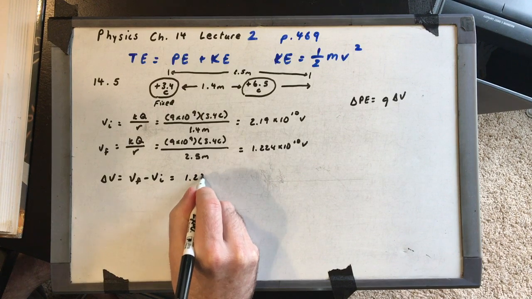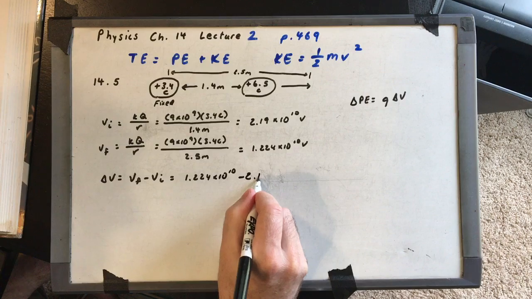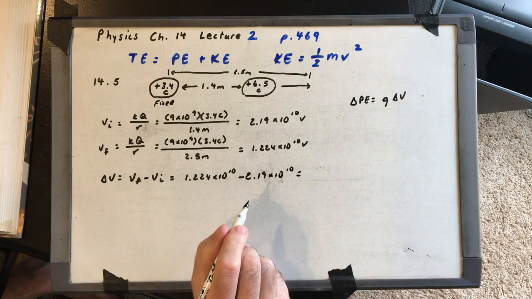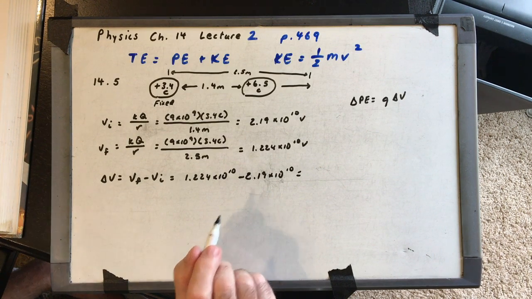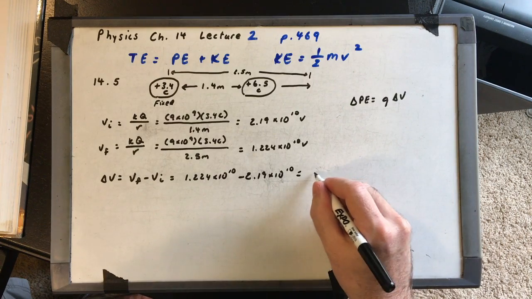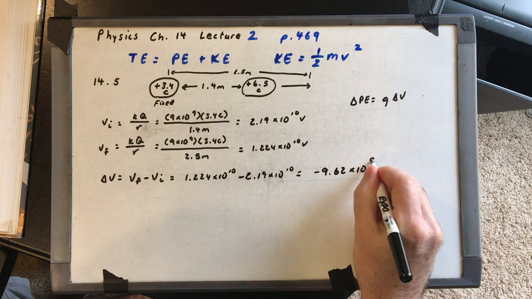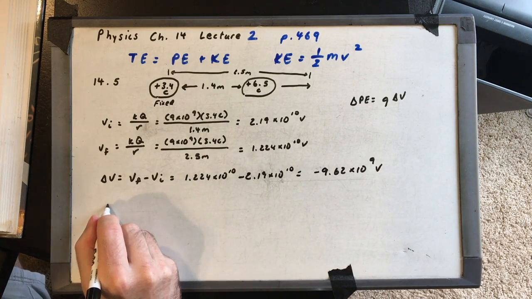So 1.224 times 10 to the 10th minus 2.19 times 10 to the 10th. Your calculator will tell you that is negative 9.62 times 10 to the 9th volts.